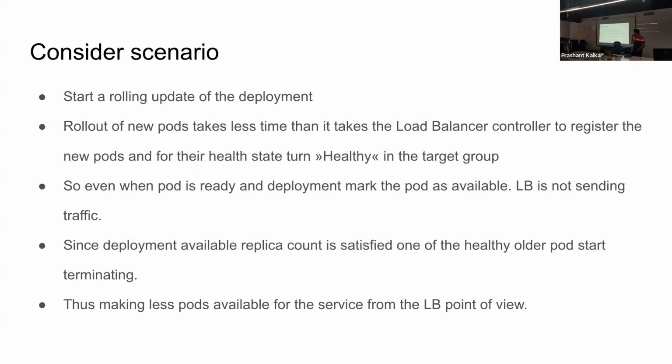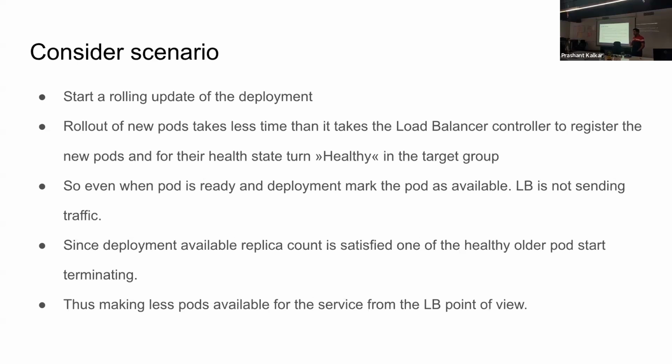So consider a scenario where you are doing a rolling update, and this has happened with us on projects. You roll out a new pod, which takes a very small amount of time. It's a container in the end. But it takes a lot of time for the load balancer controller to figure out that there is a healthy pod, because the default configurations for most of the load balancers in the clouds are as per the instances, as per the VMs, not as per the containers.